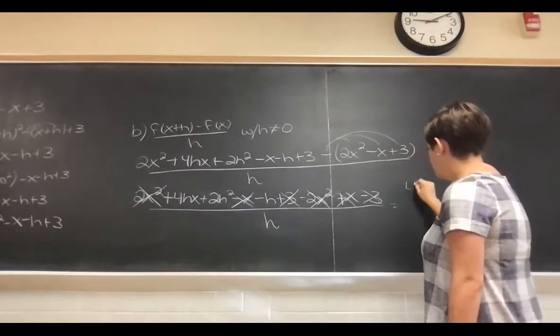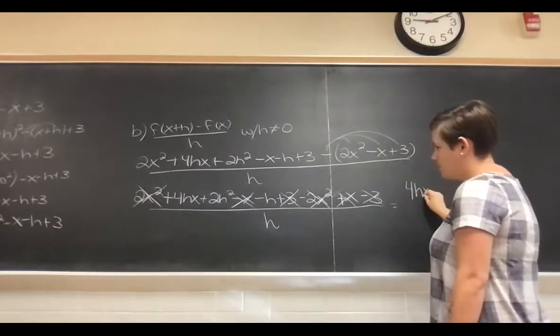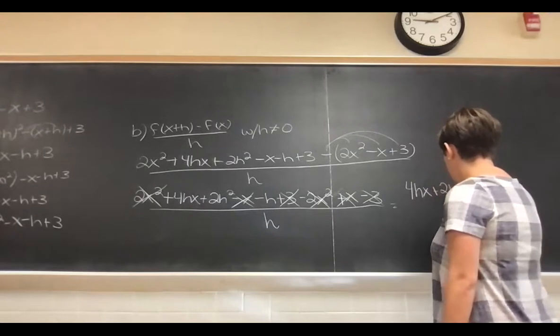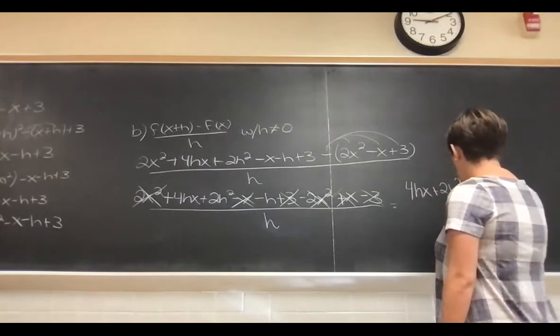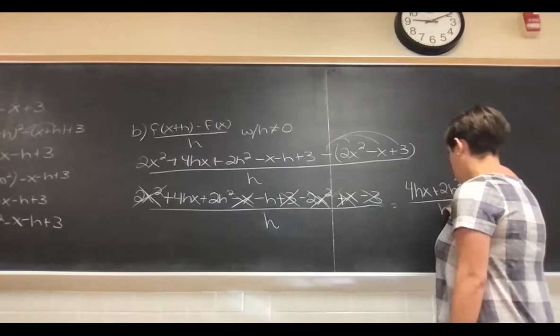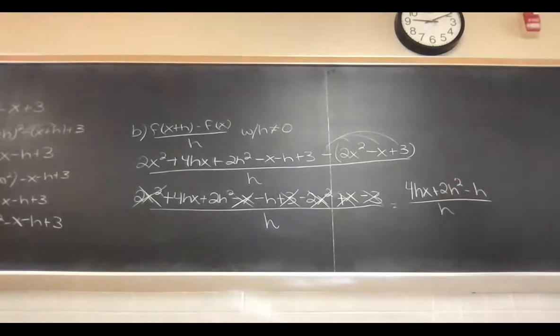So I'm left with 4hx plus 2h squared minus h, all over h. Is there anything that these things all have in common? Yes, there's an h in every single one.